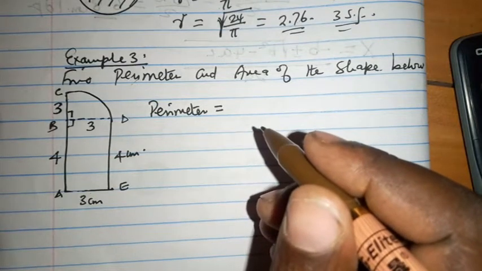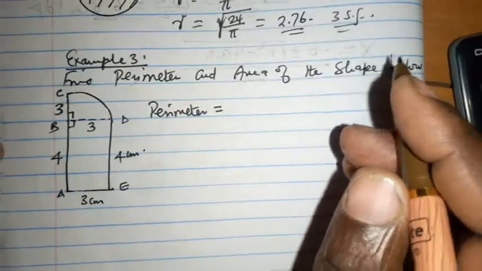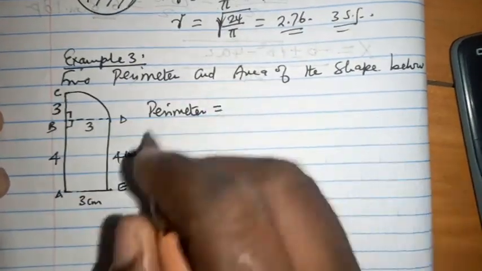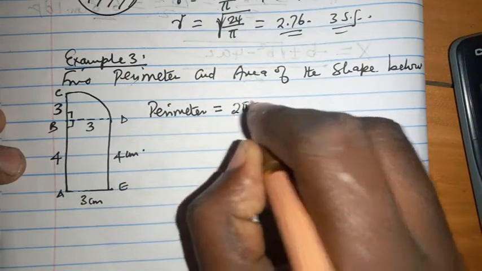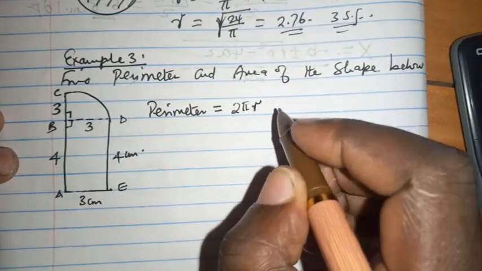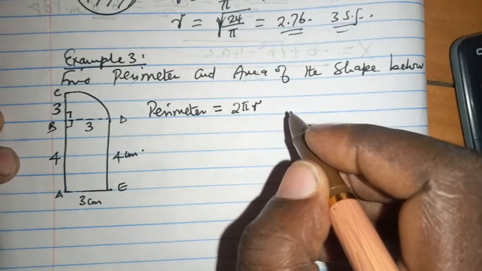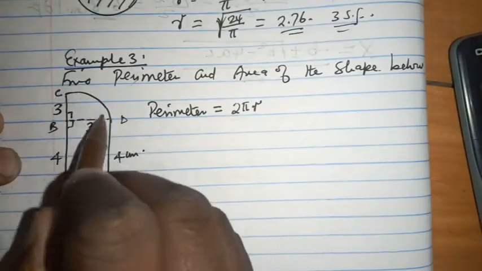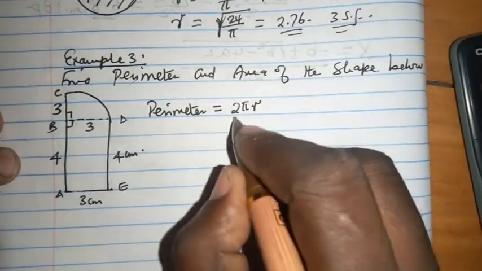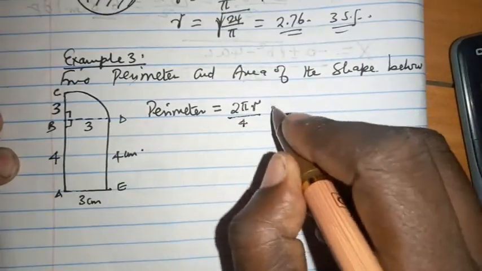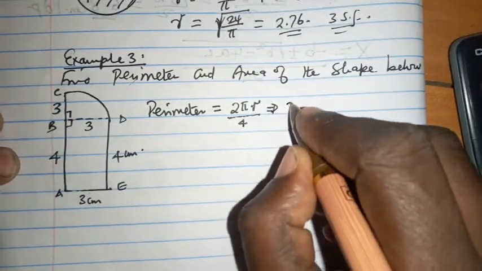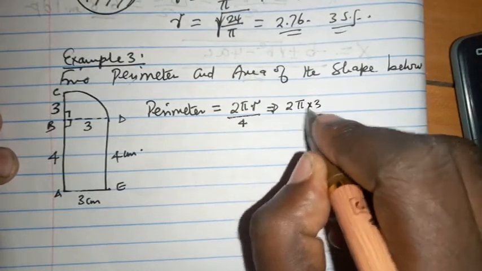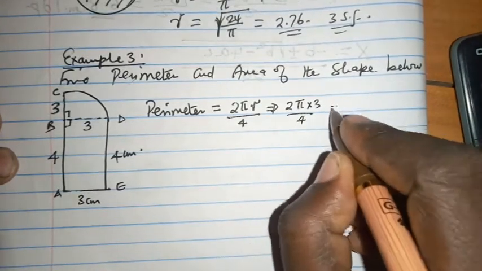The perimeter of the whole circle is 2 pi r, but we just want a quarter, a quadrant, so we divide by 4, which gives us 2 pi times 3 over 4.